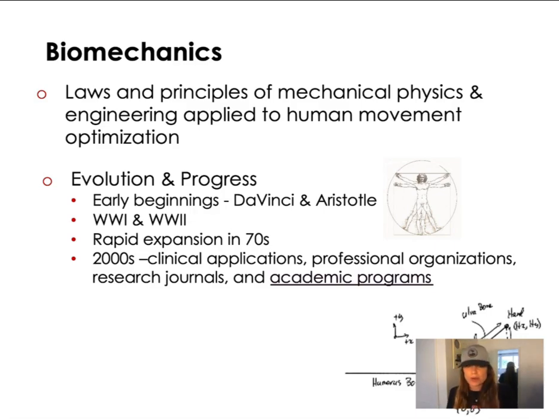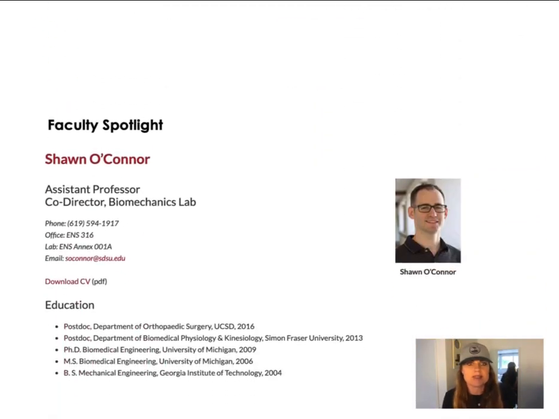So big expansion in the wartime, and then again, just as an academic discipline, it expanded a lot in the 70s, and still now we see tons of different academic programs being born. We'll talk about one later, but USC Keck, they have a biomechanics program, which again, hopefully they're funneling in their physical therapy students from that biomechanics undergrad degree, but very up and coming subdiscipline of exercise science.